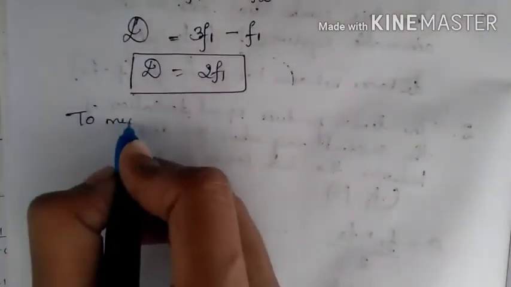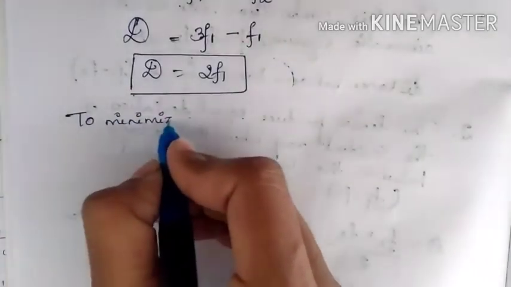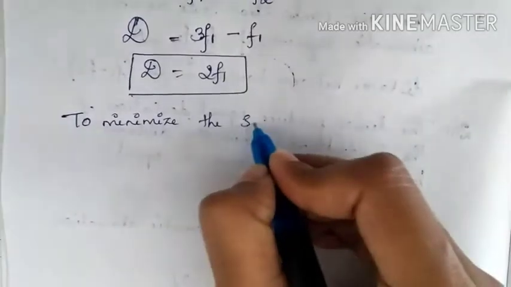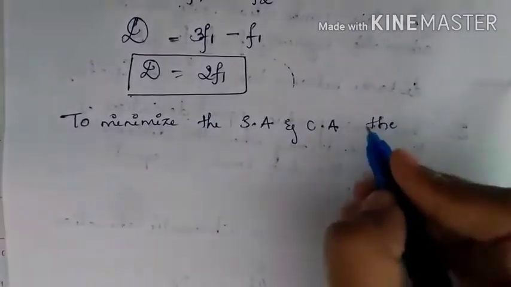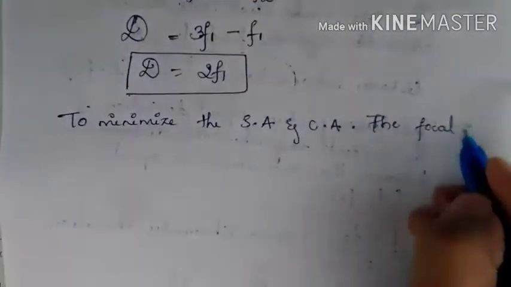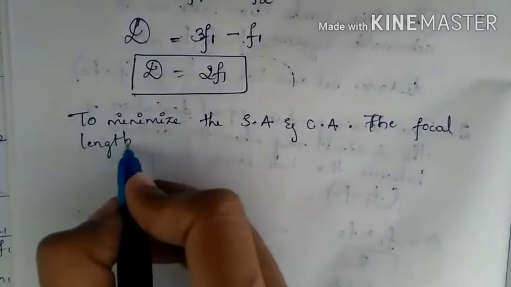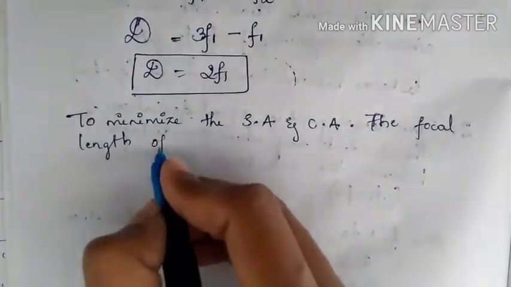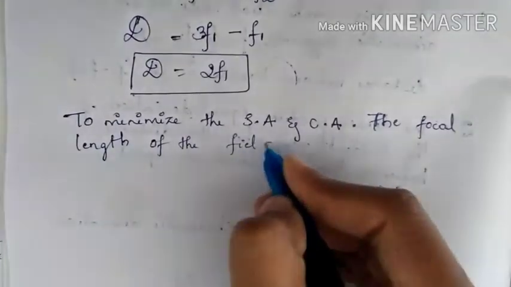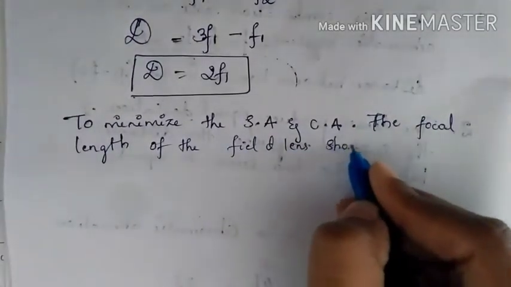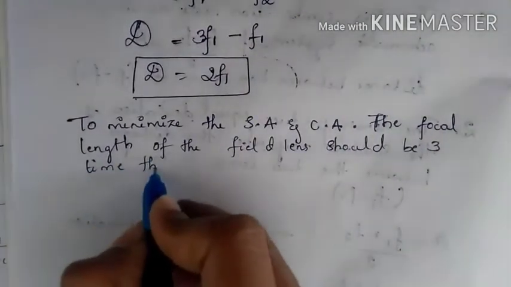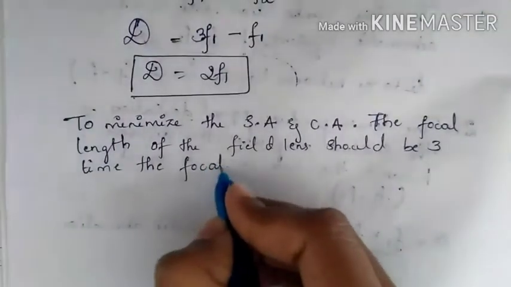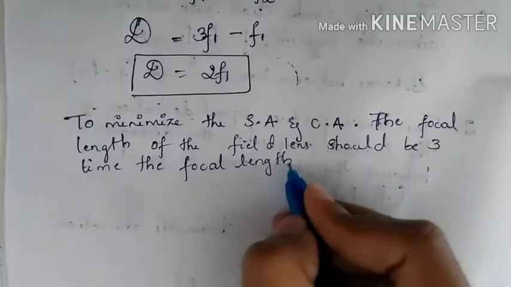So to minimize the spherical aberration and chromatic aberration, the focal length of the field lens should be 3 times the focal length of the eye lens.